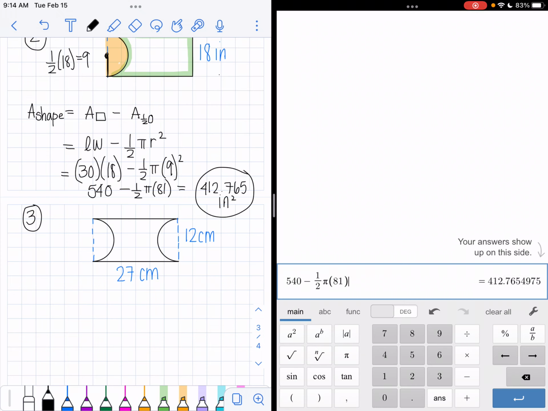And it will give you the answer in a decimal. And if it's an answer that you can use as a fraction, it will also give you your answer as a fraction. If I didn't have this pi in here, I'll just show you really fast. You can click this button here and it'll tell you what your answer is as a fraction. Okay, so there's that.